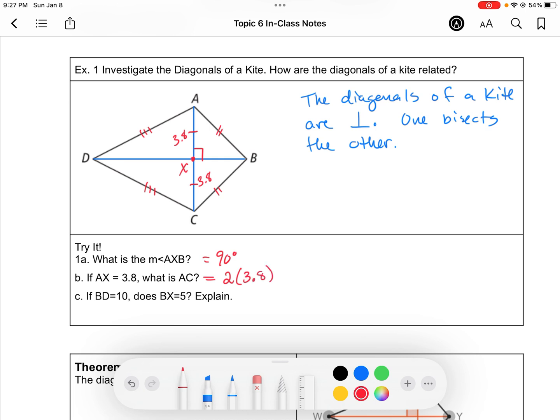Or you could do it as 2 times 3.8, which would be 7.6. And finally, if BD equals 10, does BX equal 5? Well, BD is not the one that is being bisected or cut in half, so we don't necessarily know that BX is 5.